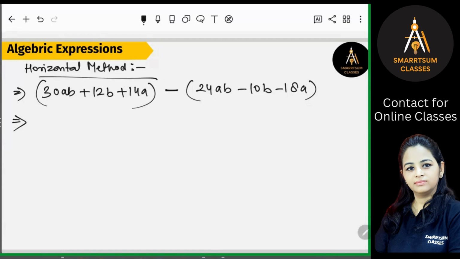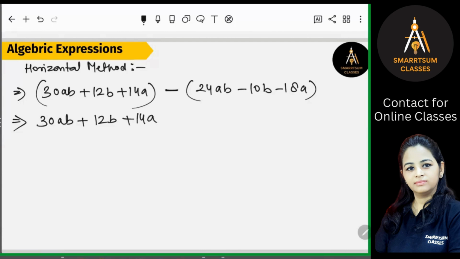So just look at the first expression. There is no sign outside this bracket, and since there is no sign it means it is plus. So whenever there is addition outside the bracket, we always write down the terms as it is after opening the bracket. So write it down, 30ab plus 12b plus 14a.